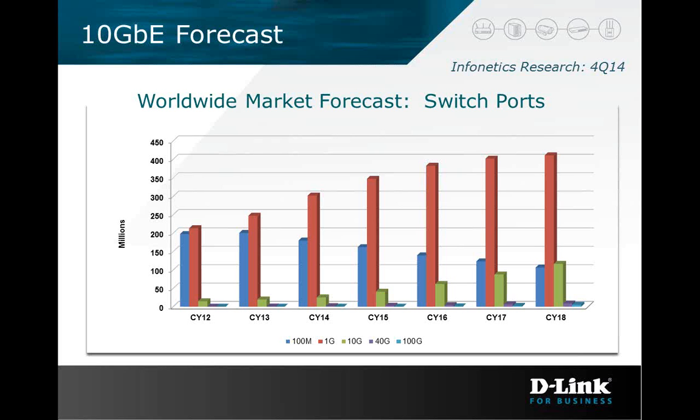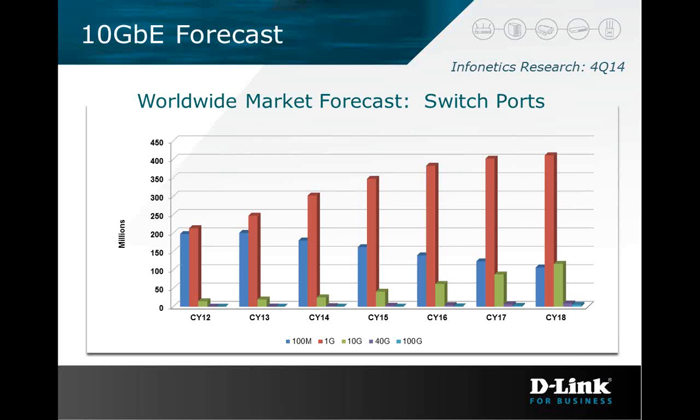But take a look at the next vertical column. That's the red one. That's gigabit. Gigabit continues from a port basis, continues to be on a growth pattern, maybe leveling out by 2017, 2018, but certainly the dominating switch ports shipping today and continuing into the future is gigabit Ethernet.